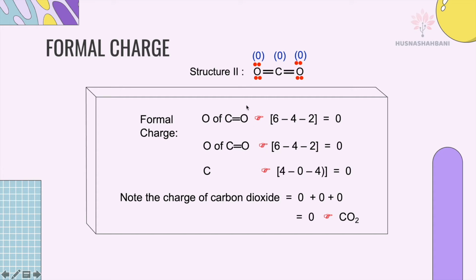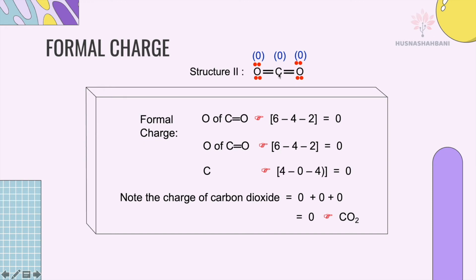If you check the formal charge for this oxygen, number of valence electrons of oxygen 6 minus number of unshared electrons 4 minus number of bonds of the oxygen, 2, so equal to 0. Same goes to this oxygen: 6 minus 4 minus 2, 0.